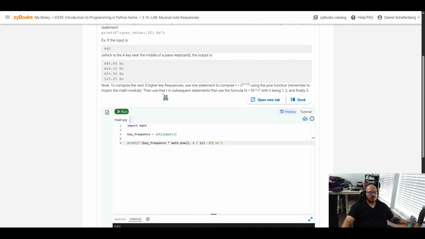Then use that R on subsequent statements that use the formula F sub n equals F0 times R to the n, with n being 1, 2, and 3. I'm not sure what that means.